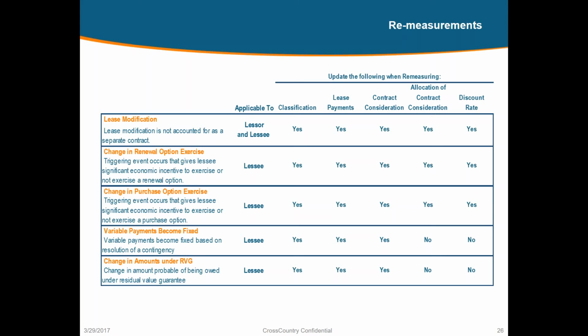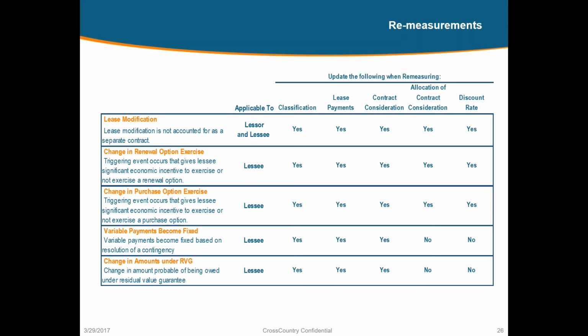A triggering event is any of the following: a significant event or a significant change in circumstances that is within the control of the lessee that directly affects whether the lessee is reasonably certain to exercise or not exercise an option, or an event in the contract that obliges the lessee to exercise or not exercise, or the lessee ultimately exercises an option that was not deemed certain of exercise, or the lessee ultimately elects not to exercise an option that was originally deemed certain of exercise.